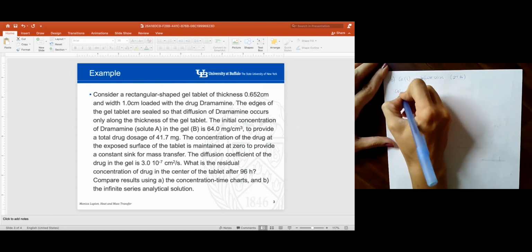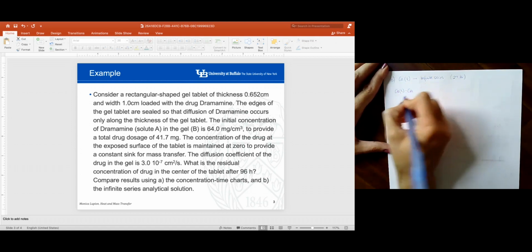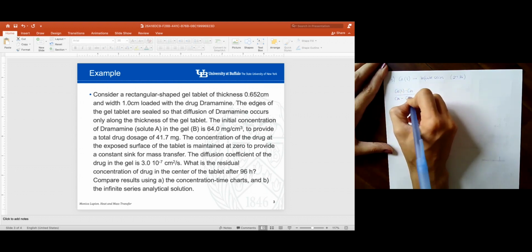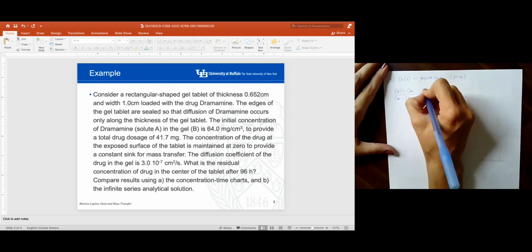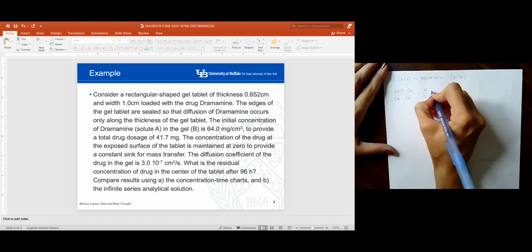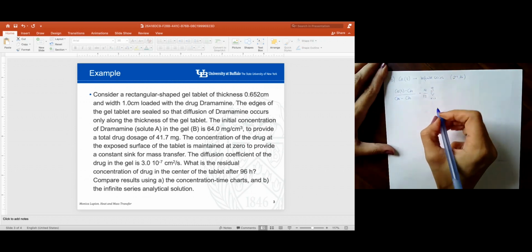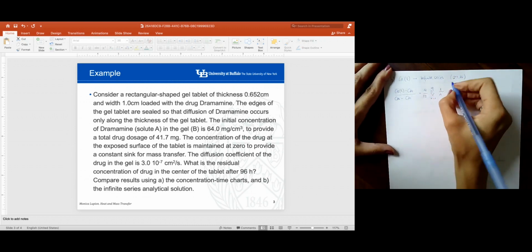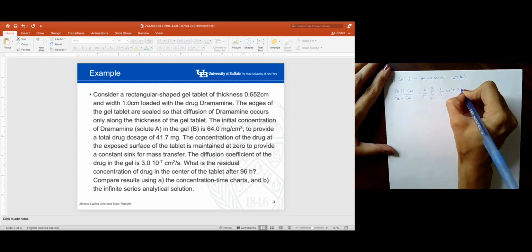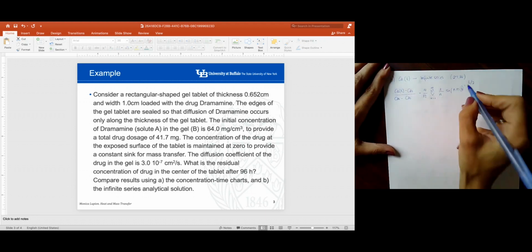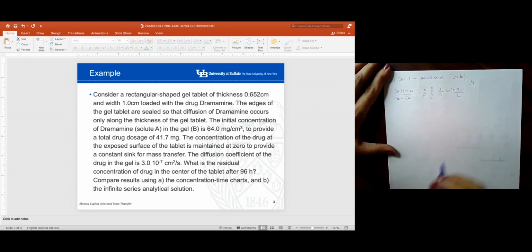So the concentration minus the concentration at the surface over the initial concentration minus the concentration at the surface is equal to 4 over pi, and now sum from n equal to 1 to infinity of 1 over n sin n pi zeta, and zeta is defined as L over 2 because it's the center over the thickness, okay?